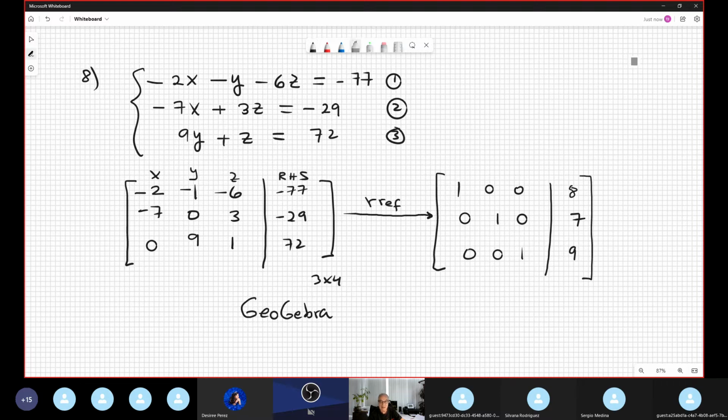When you see the identity matrix here, the name of this guy is identity matrix dimension 3, because it's 3 column, 3 row, square, and we have no extra block. No, it's identity matrix on the right hand side. It's obvious that x equal 8, y 7, and z is 9.